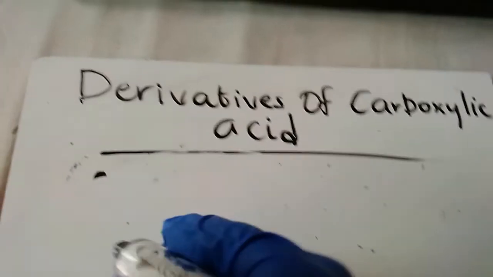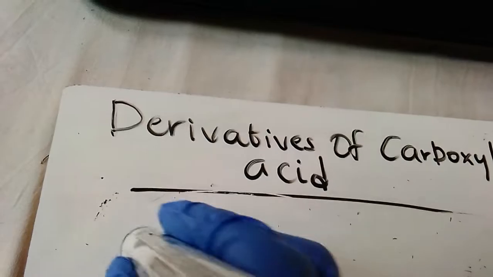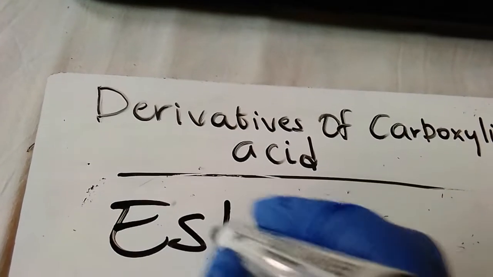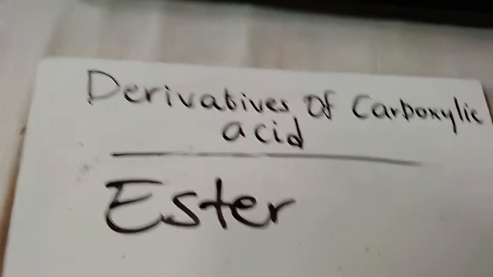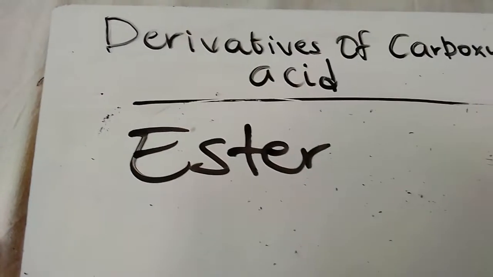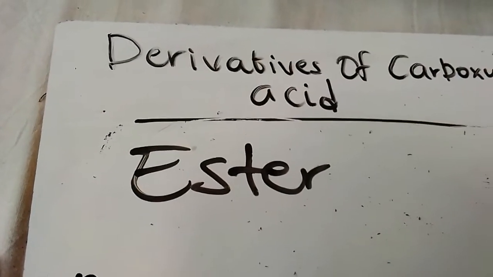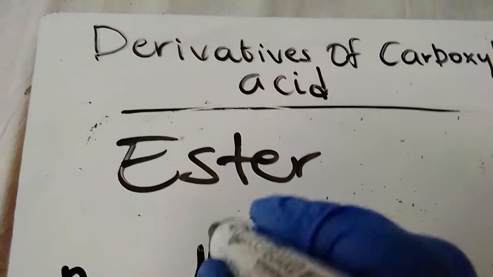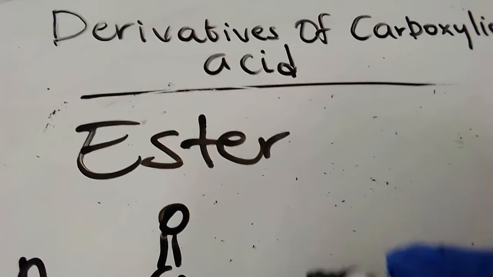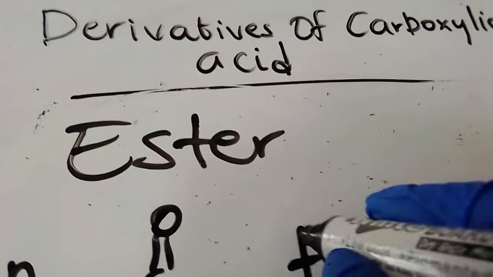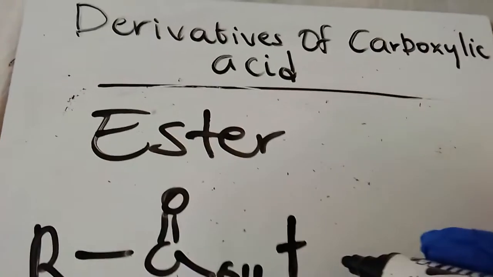The next derivative is an ester. If you have a carboxylic acid and you react it with an alcohol, normally this reaction is done in an acidic medium.